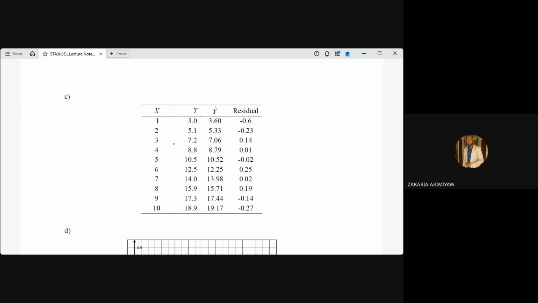You find that the residuals are made up of positive and negative values. If the residual is negative, what it means is that your estimated or predicted y value is larger than the actual value.